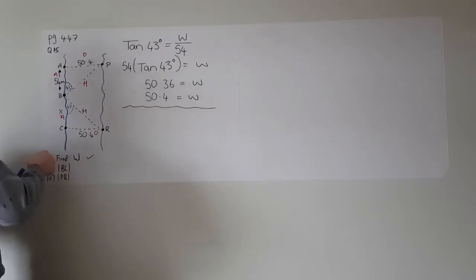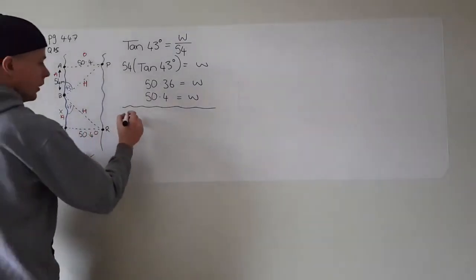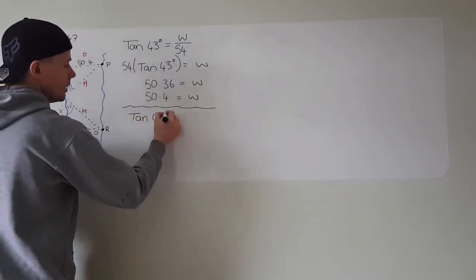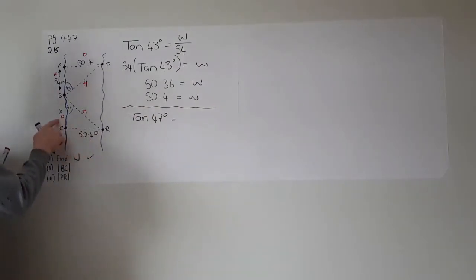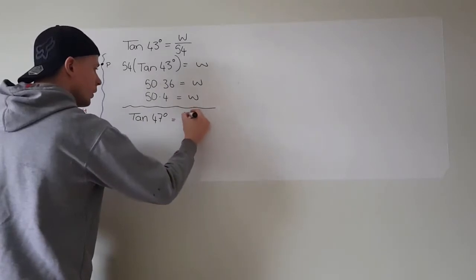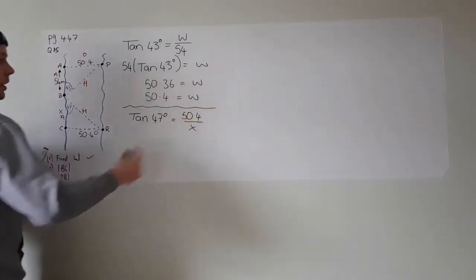Alright, so tan of the angle, and this time the angle is 47. So tan of 47 degrees is equal to Trawling Off all over A, O all over A, so 50.4 all over A, which we're calling X.